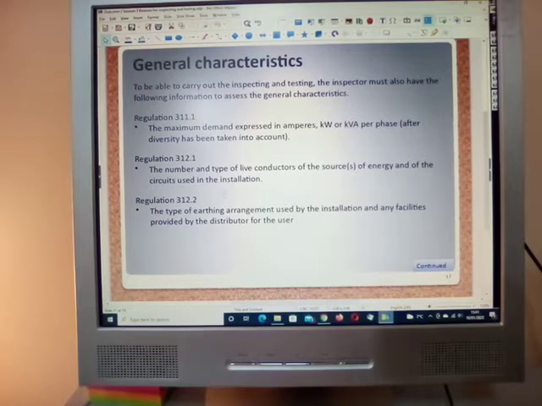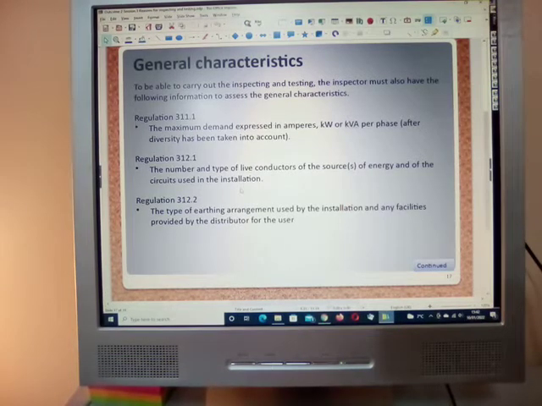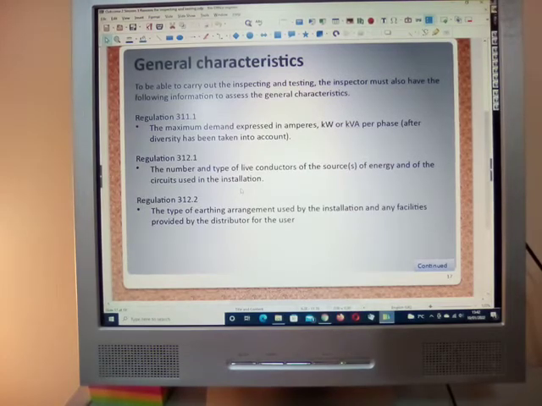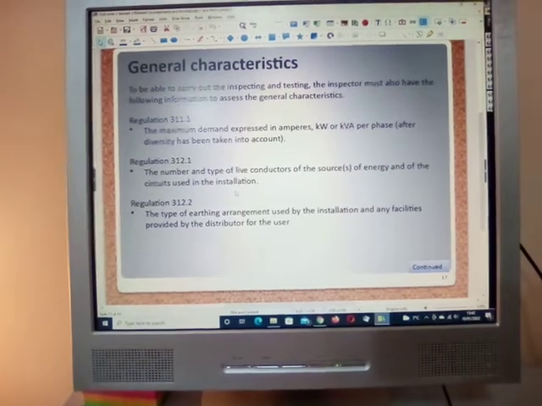And again, regulation 311.1, 312.1, these are general characteristics that you need to be able to carry out the inspecting and testing.